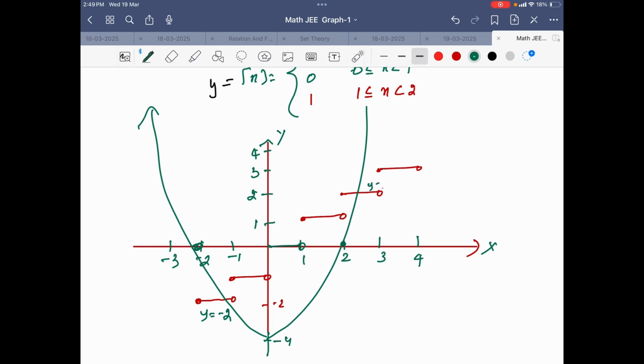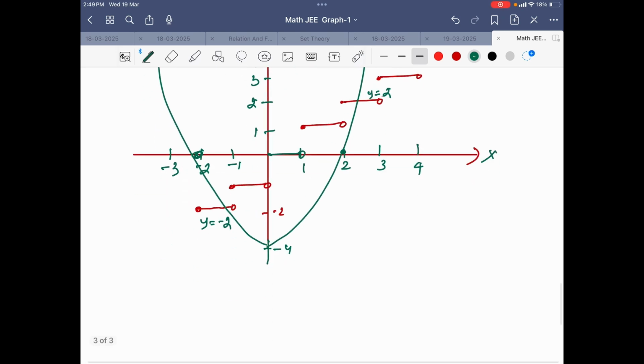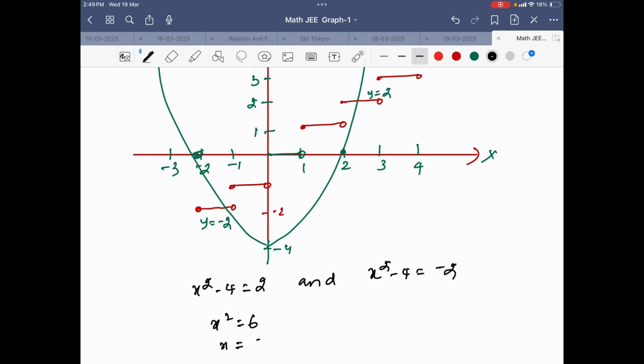These two lines are intersecting. So there you can find which solutions are possible. X square minus 4 is equal to 2 and x square minus 4 is equal to -2, right? If you solve this, x square is equal to 6, x is equal to plus or minus root 6. If you solve the other, x square is equal to 2, x is equal to plus or minus square root of 2.